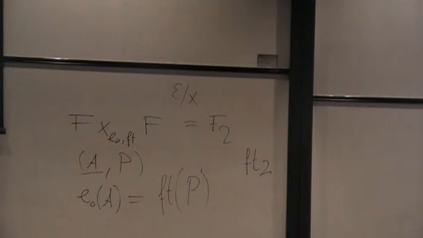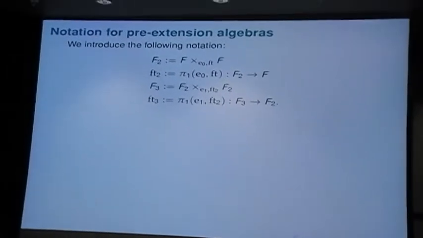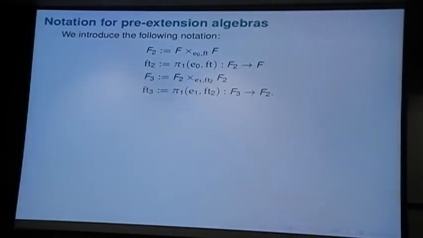Furthermore, we have families at the third level and at the fourth level, and you can define them using pullbacks. So a term of F3 is a pullback of pullbacks, so it consists not of pairs, but of pairs of pairs.